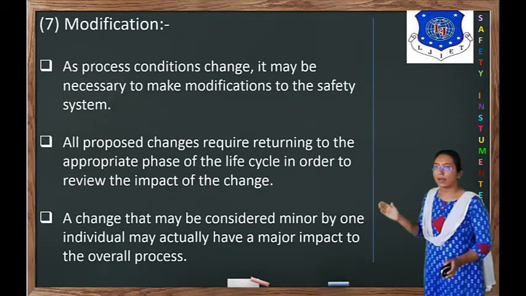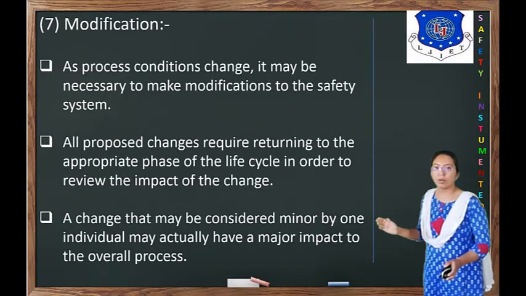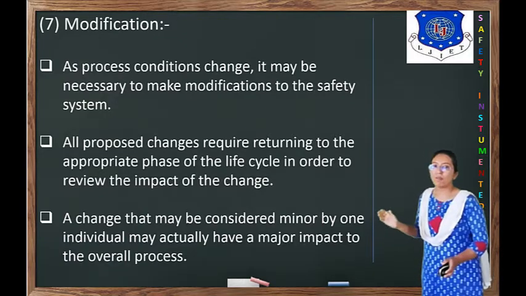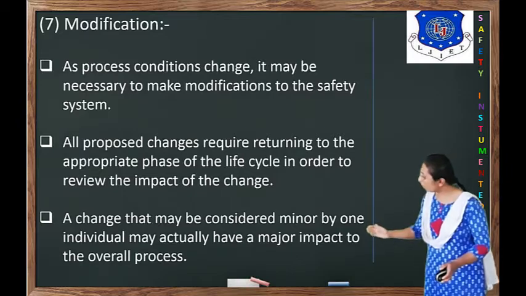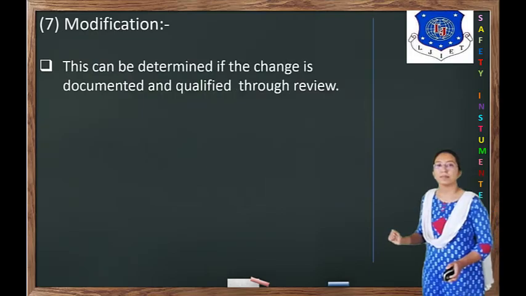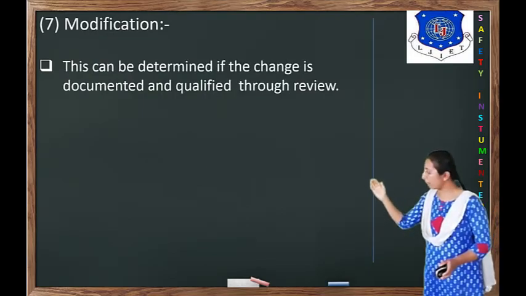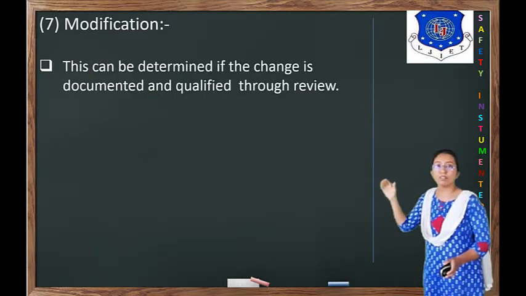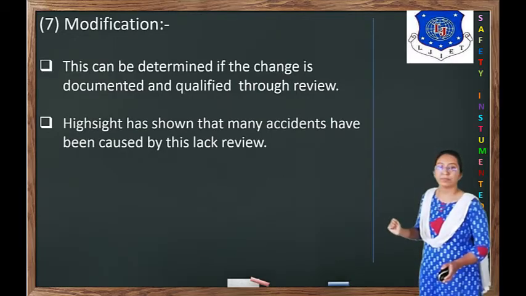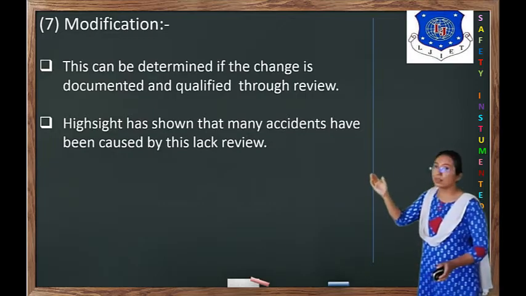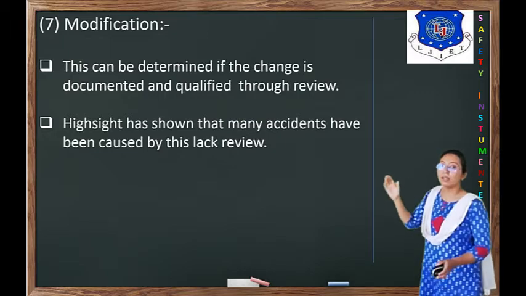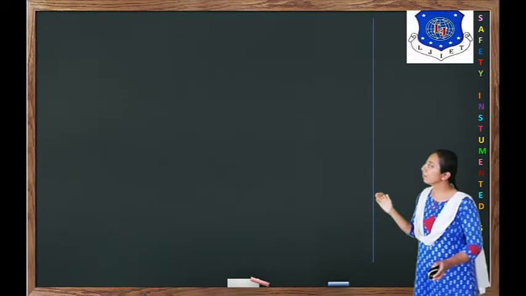A change that may be considered minor by one individual may actually have a major impact on the overall process. This can be determined if the change is documented and qualified through review. Hindsight has shown that many accidents have been caused by this lack of review.